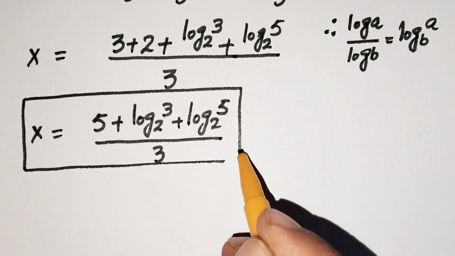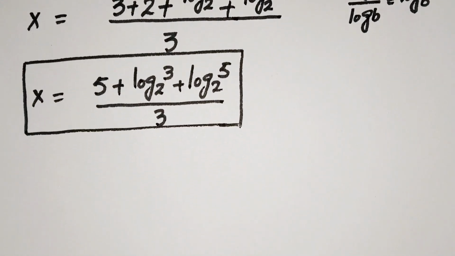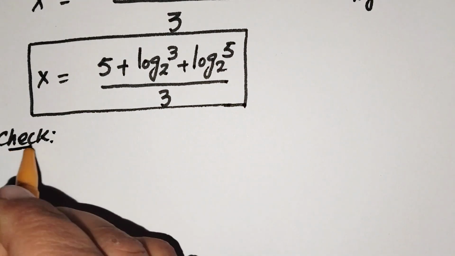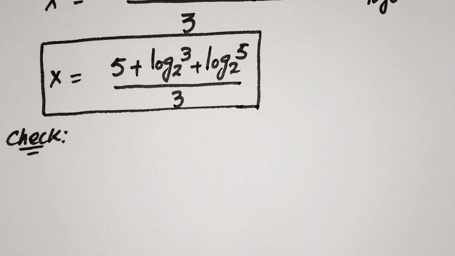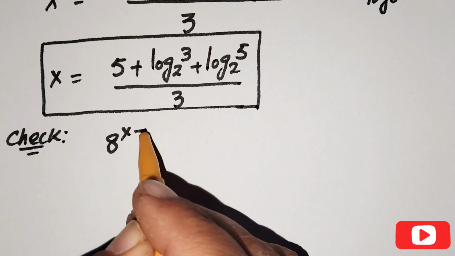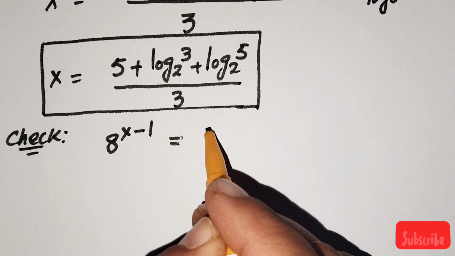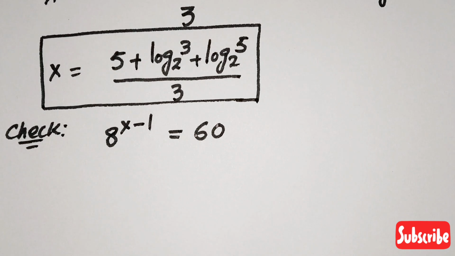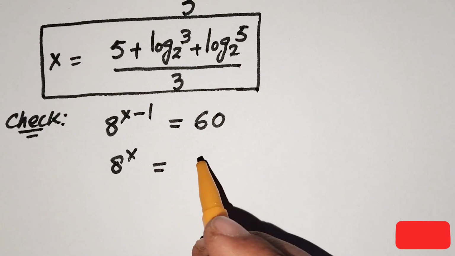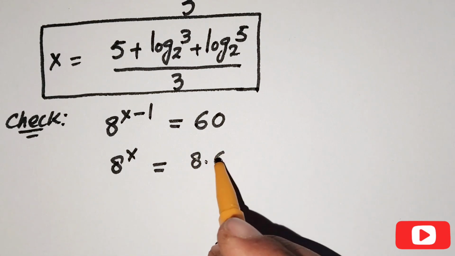Now we are going to verify our result. For verification, just write here: checking our value of x. Recalling our problem, which is 8 raised to power x minus 1 is equal to 60. By simplification we get 8 raised to power x is equal to 8 times 60.